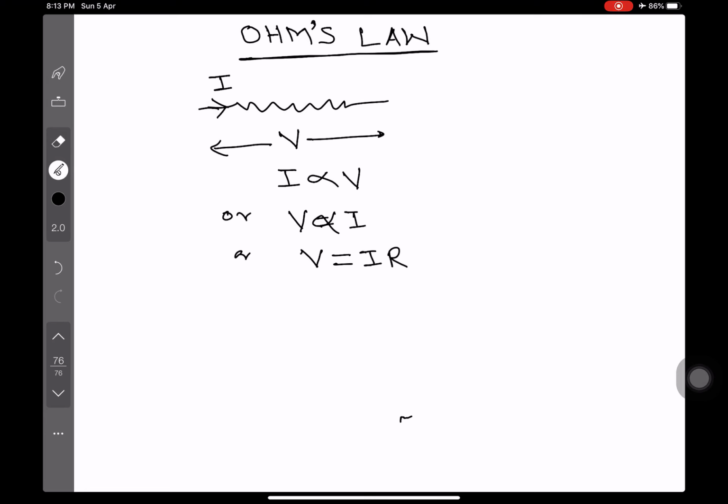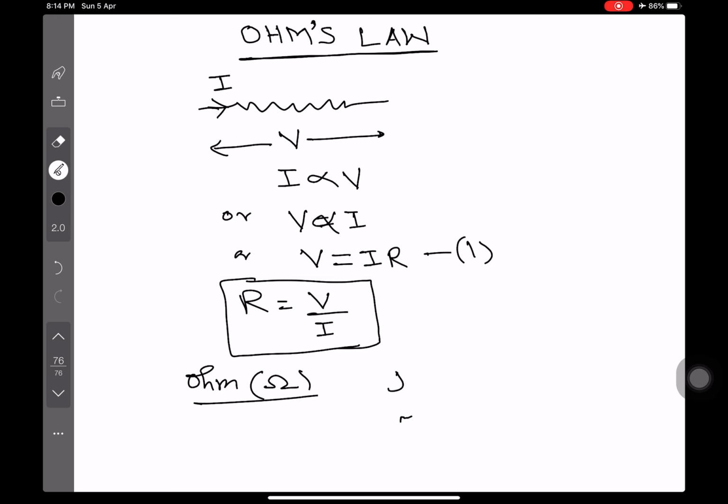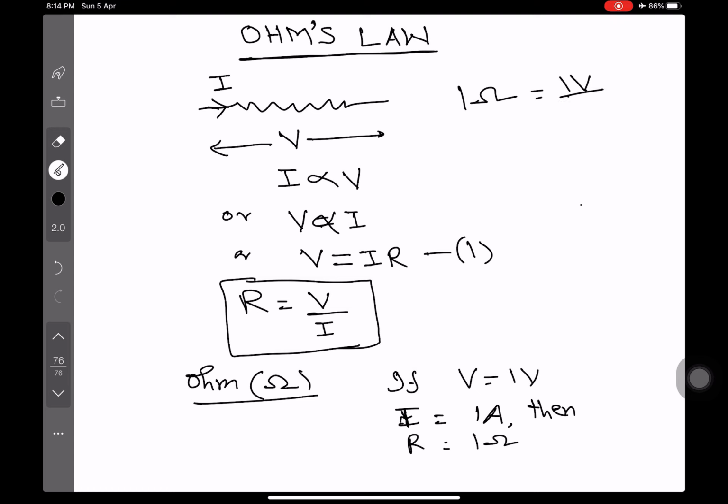The SI unit of resistance is ohm, and its symbol is capital omega. Now, if V equals 1 volt, I equals 1 ampere, then R equals 1 ohm, that is 1 ohm equals 1 volt over 1 ampere.